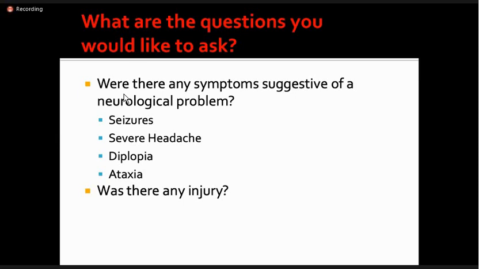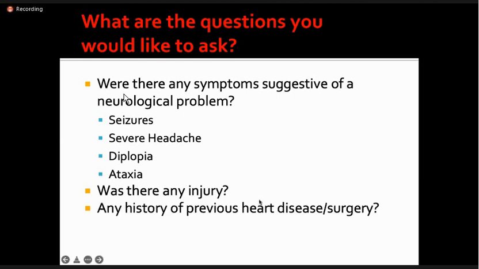Whereas this is not the case when the syncopal episode is due to a cardiac arrhythmia, for example. Cardiac arrhythmia can be very sudden and very quick. So if a patient has sustained injury like a fracture or a serious injury because of a syncopal episode, one needs to take that seriously and look into it to make sure that there is no pathological cause for that syncope.